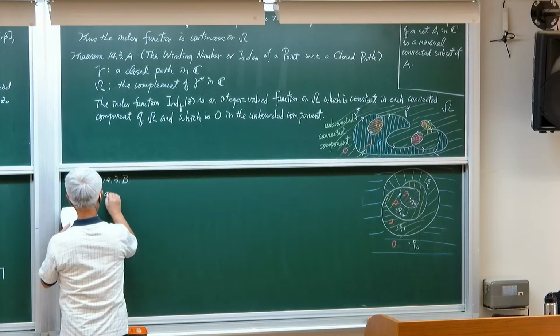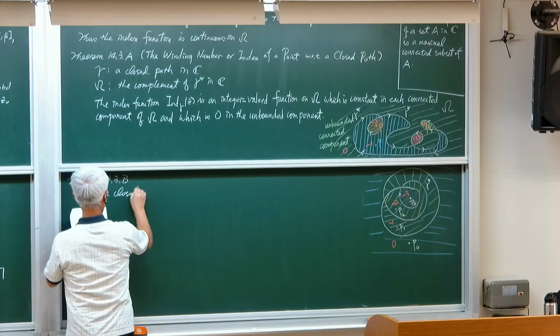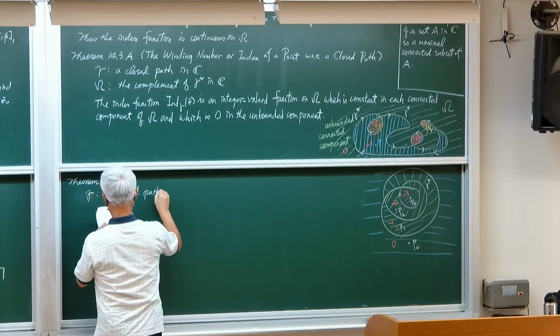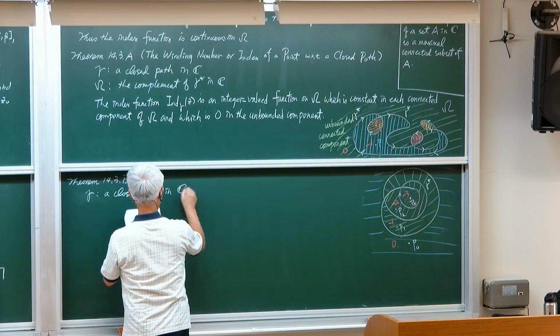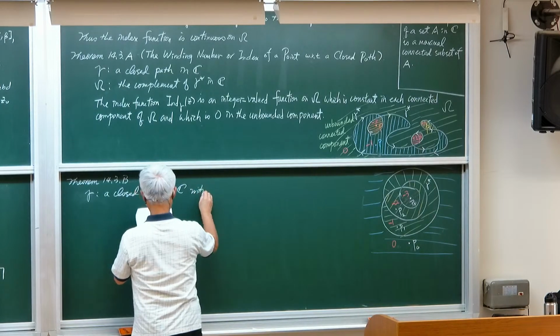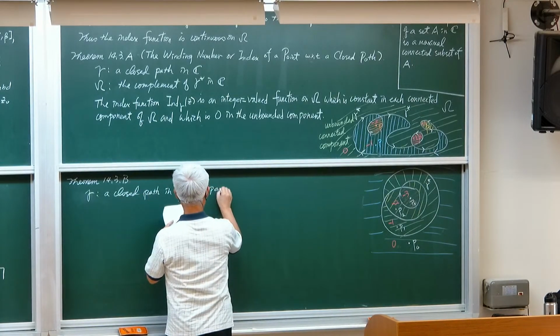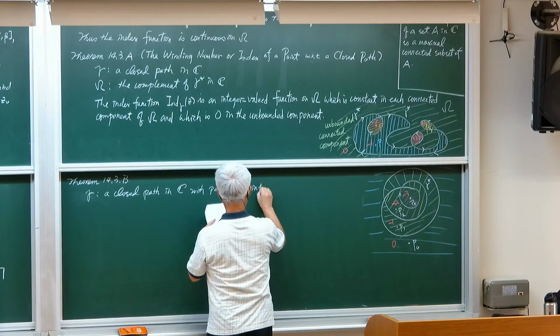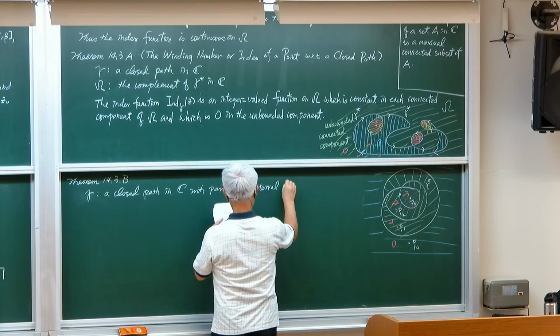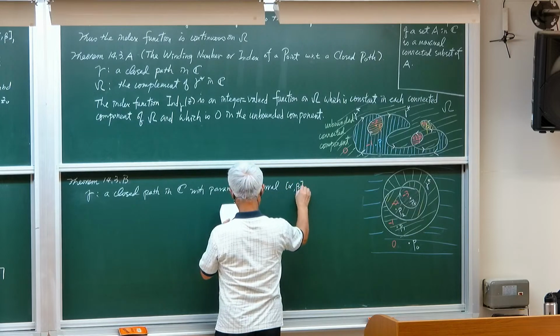Gamma is a closed path in C with parameter interval alpha to beta.